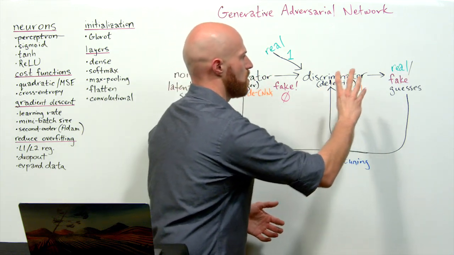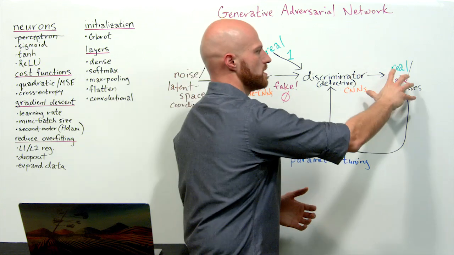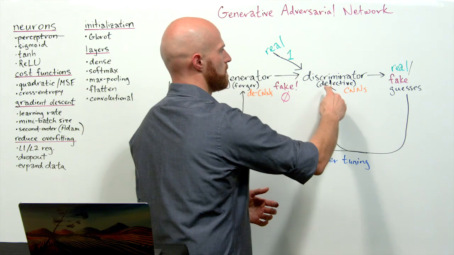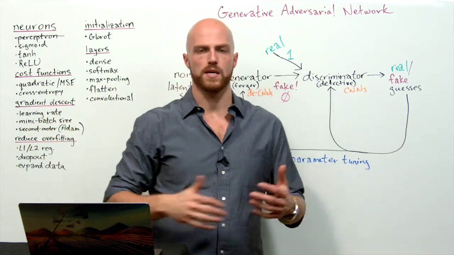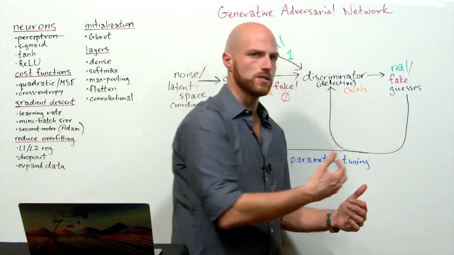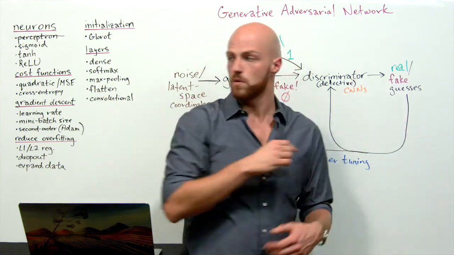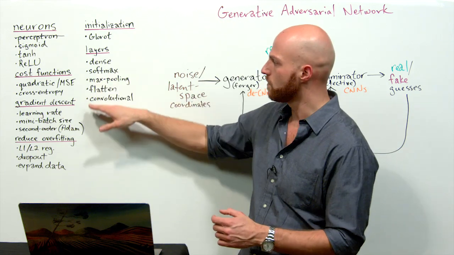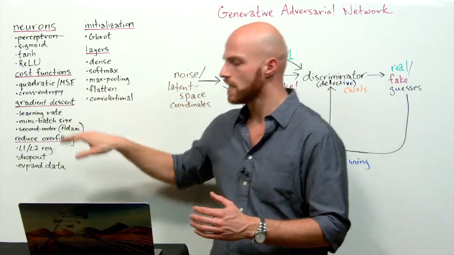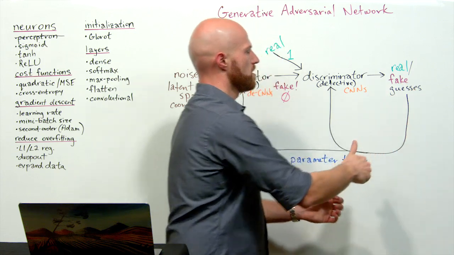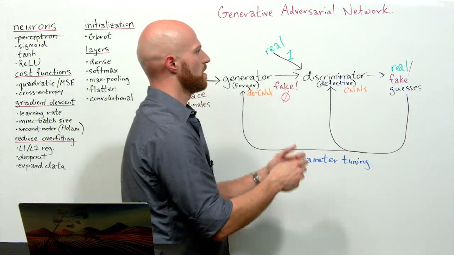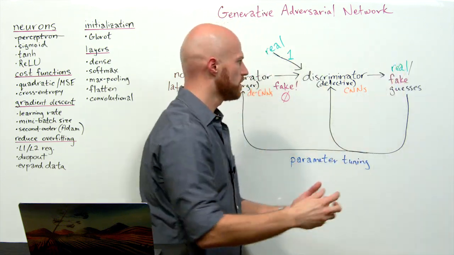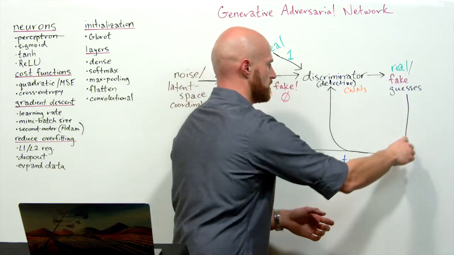And over time, these guesses become better and better because we feed back with the cost function an assessment of how wrong the guesses are, and then we use gradient descent to take steps in the direction of minimizing the cost so that we're more often guessing that real images are real and fake images are fake. So that's this loop right here.